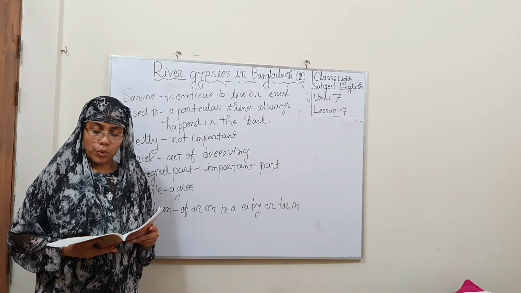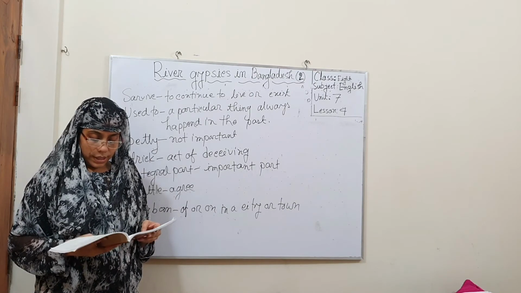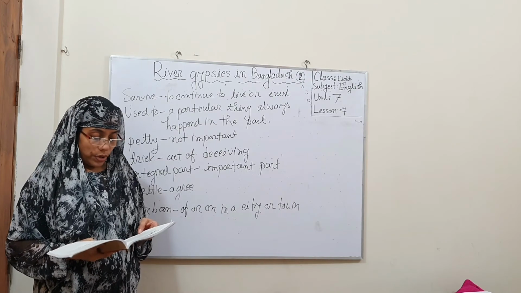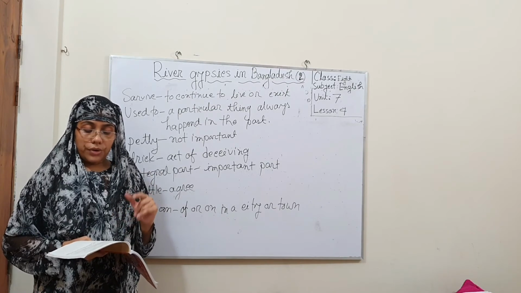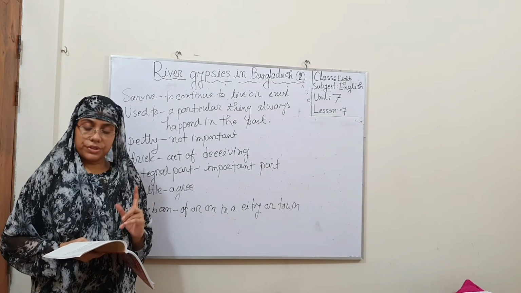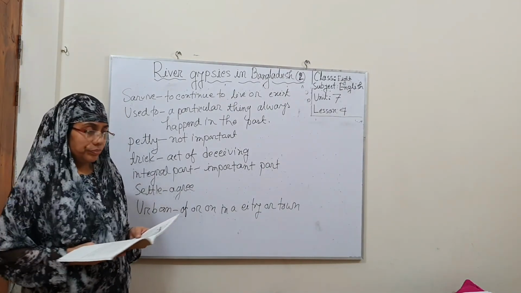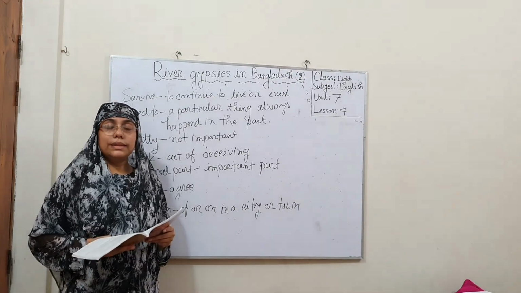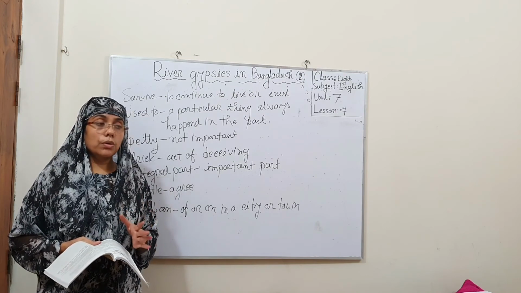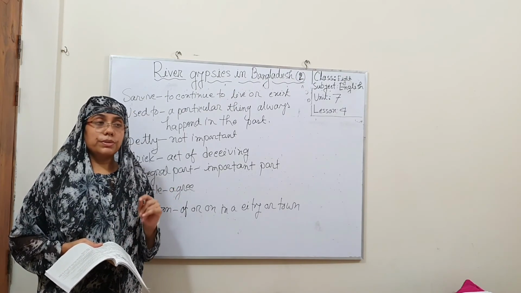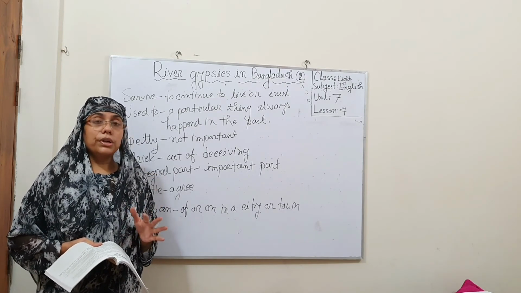And number 5, who are running special schools for river gypsy children? Yes, you will find the answer: some voluntary organizations. Who? Some voluntary organizations are running special schools for river gypsies. Why? Because they think that river gypsy children or community cannot go to the conventional school, as they have no permanent living place.